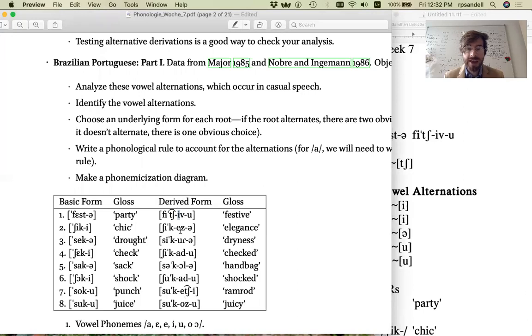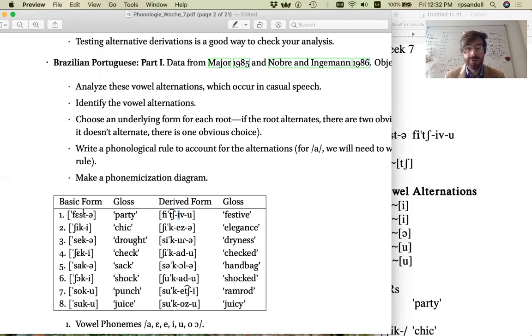We have E, A, U, A, O, A, and O. And similarly, in the stressed syllable of the basic forms, we have all different possible vowels. I guess there are not any derived forms with the vowel E, but otherwise they're the same.